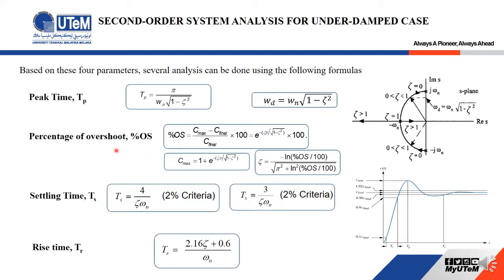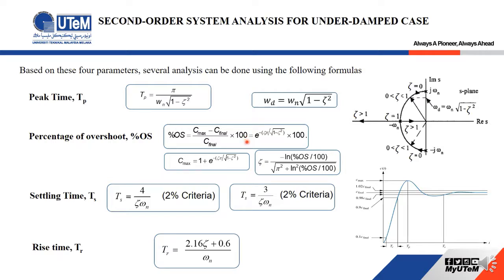For percentage of overshoot, we can calculate it using this formula. Percentage of overshoot is equal to Cmax, this value, minus Cfinal, which refers to the final value of the system at steady state condition, divided by Cfinal, times 100%.